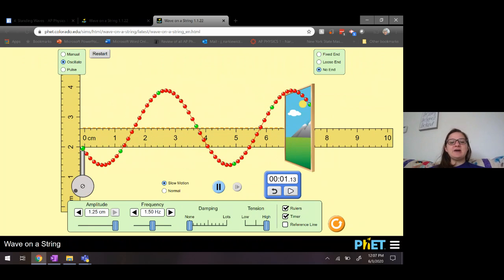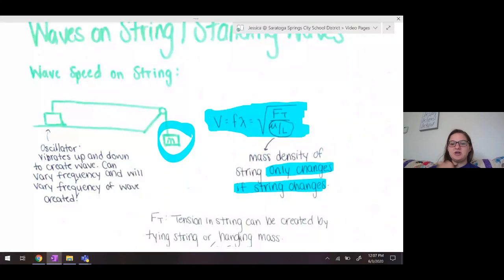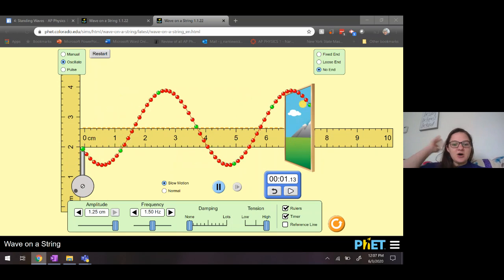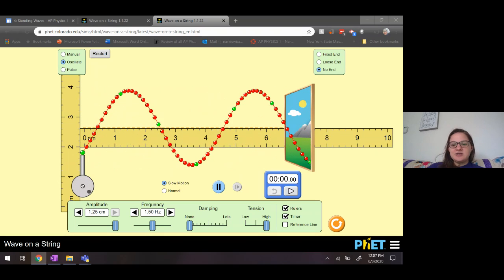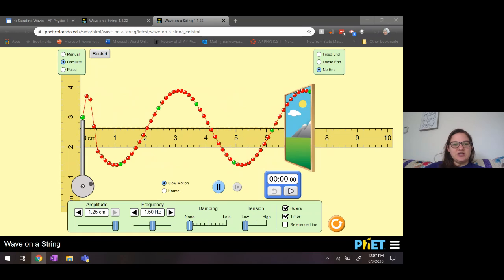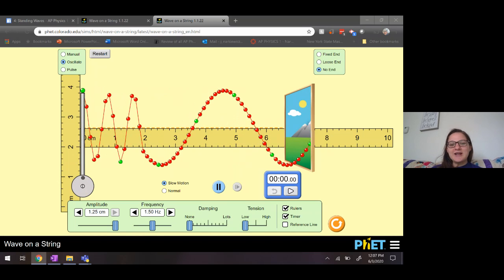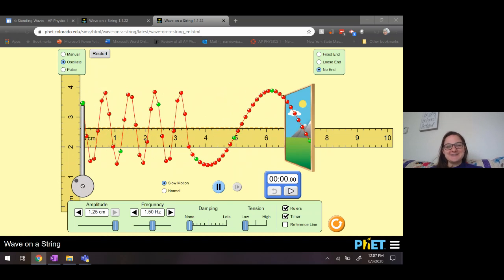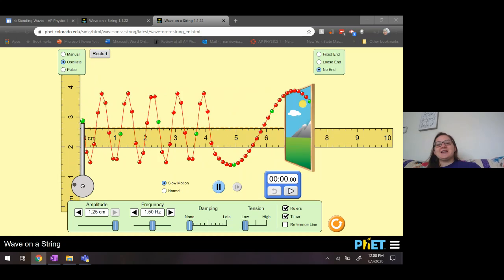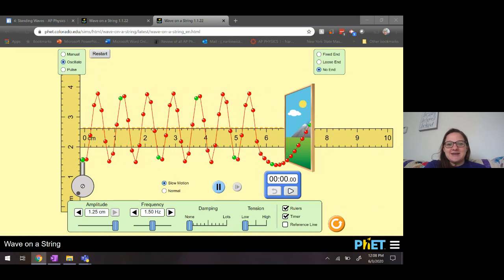Okay, so now let's change the tension, which we know from the equation that we just talked about, this one up here. Changing the tension should change the speed. Remember, our current speed is about a second. So let's go to low tension. I can already see that this wave is moving pretty slow, and I'm guessing it would take a lot longer for a crest, meaning one of these top parts, to get to the door.